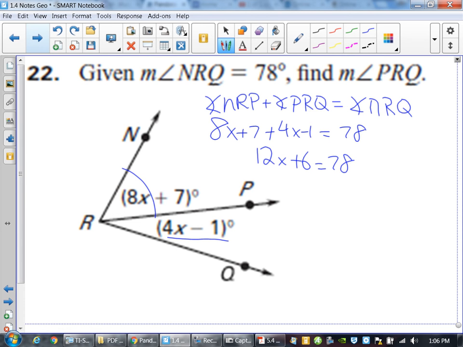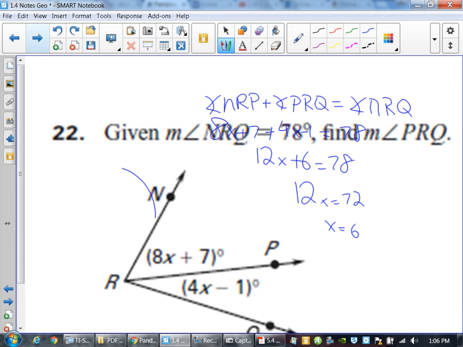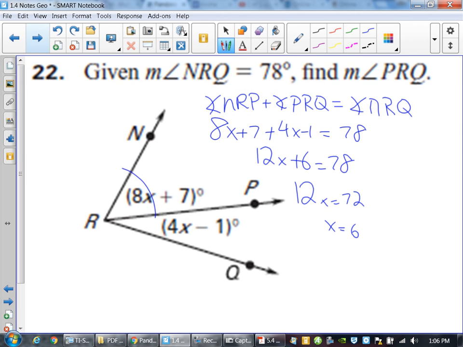Subtract the 6, and you get 12x is 72. You get x equals 6. The question asks you to find PRQ. So we substitute back in here. So we have 4 times 6 minus 1, and you get? Very good. Am I going to yell at you if you don't put the degree symbol there?